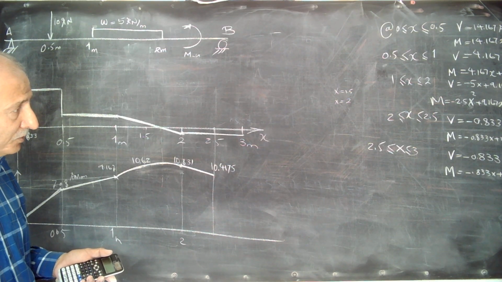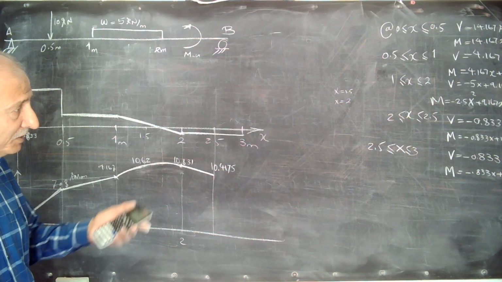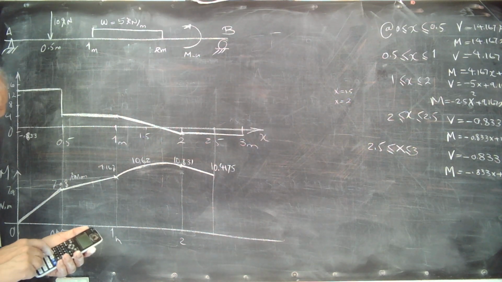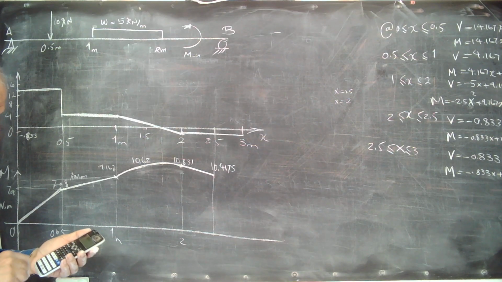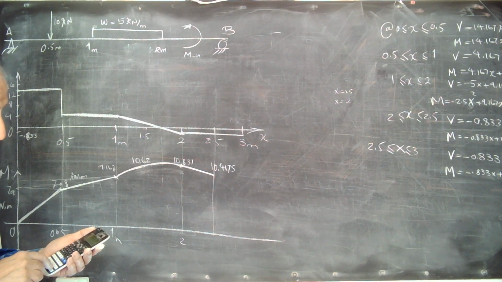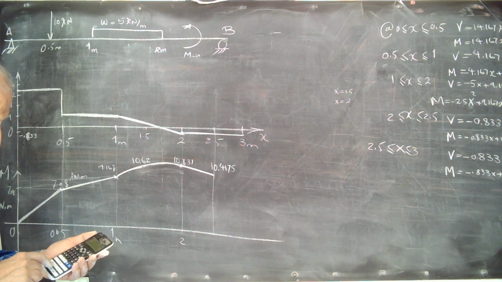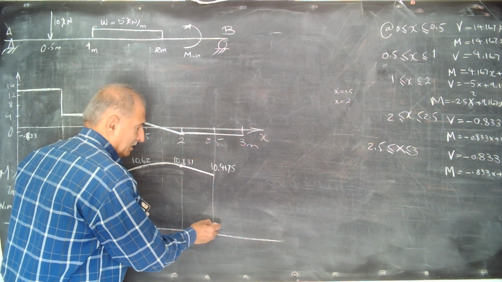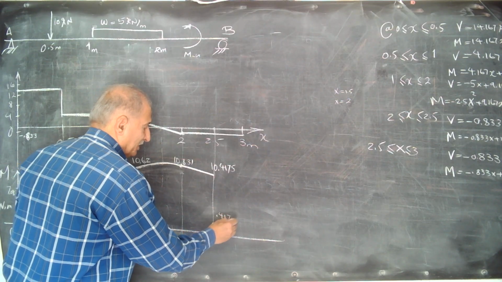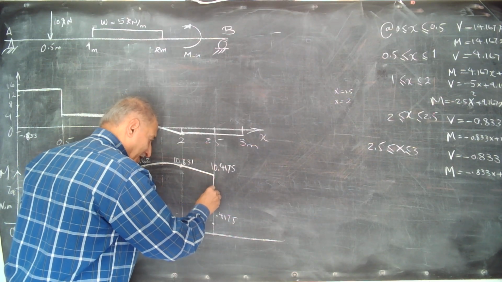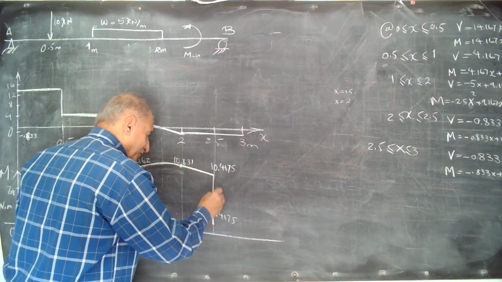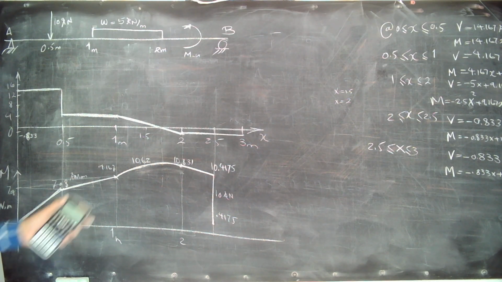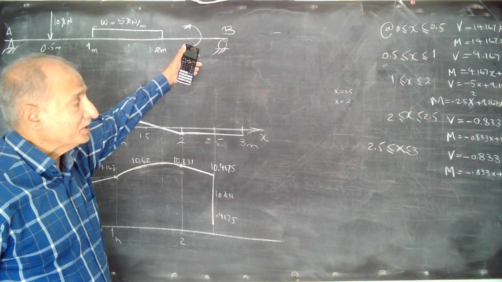If I give 2.5 to this, see what we have: minus 0.833 times 2.5 plus 2.5 is 0.4175. It's not the same. You see, we have a 10 kilonewton meter abrupt change downward because of the point moment applied here.